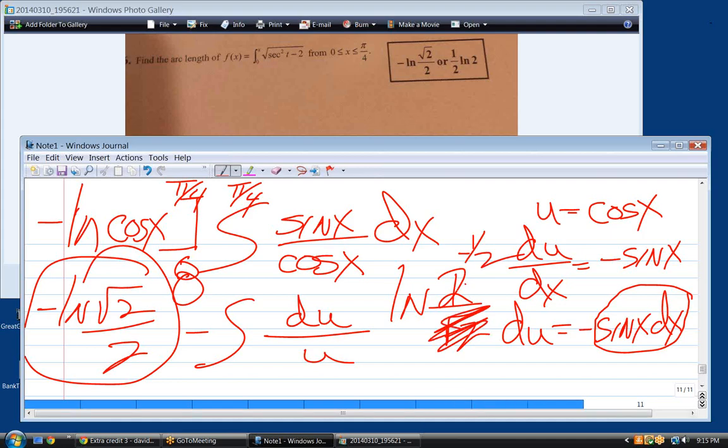The natural log of 2 to the minus 1/2 is minus 1/2 the natural log of 2. So I can turn my natural log of root 2 over 2 into this just by using log rules.